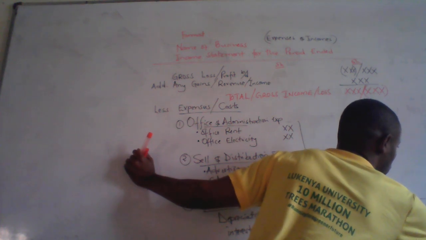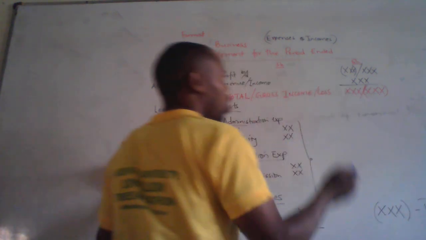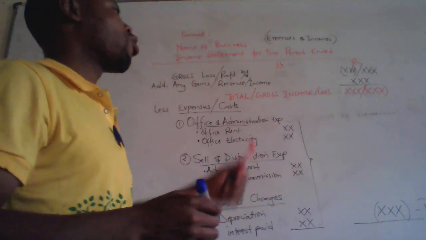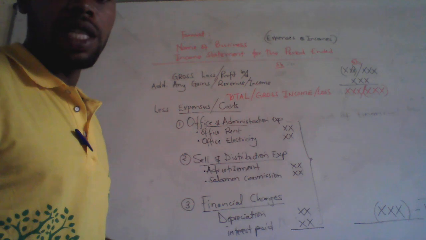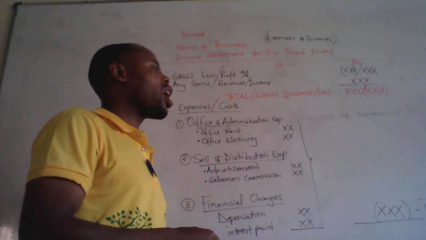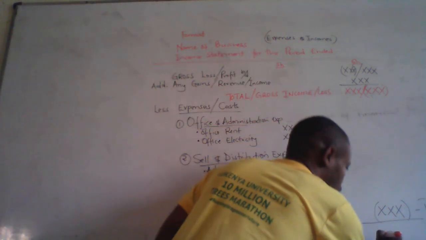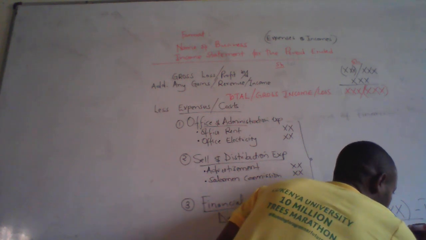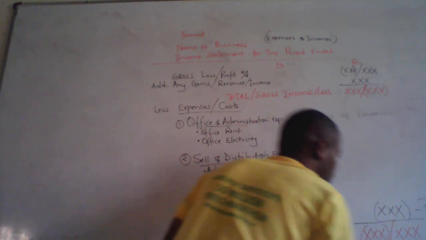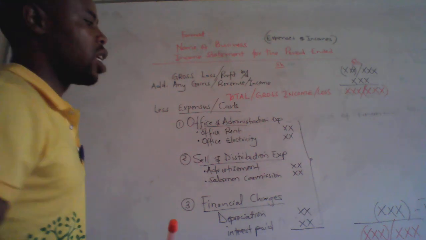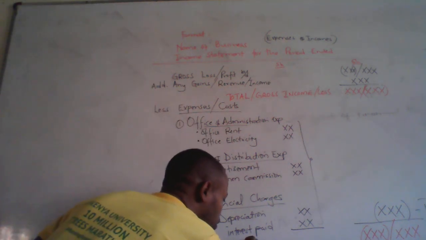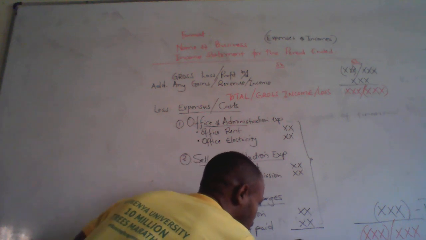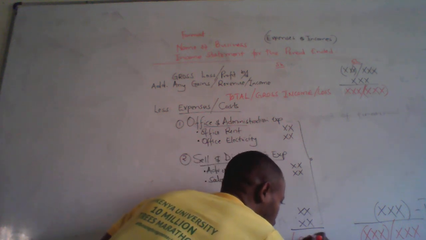These total expenses you are supposed to deduct from what you have received here as your gross income, and when you less this from the gross income, you arrive at a figure known as either a net loss or a net profit. If it is a negative figure, that one is a net loss. If it is a positive figure, it gives you a net profit. So the result is either a net loss or a net profit.